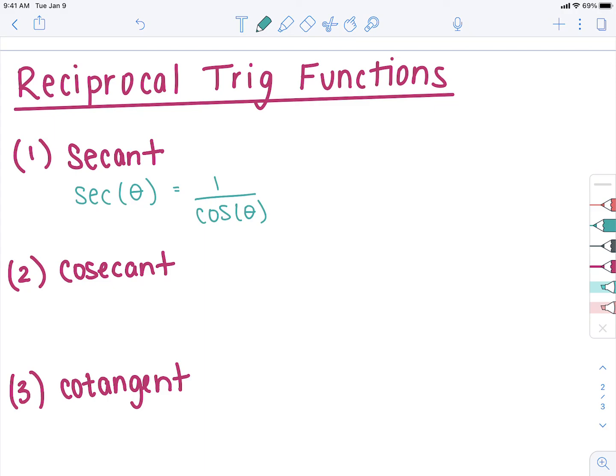Or if we're talking about it in terms of the sides of the triangle, instead of cosine, which is the CAH in SOHCAHTOA, the adjacent over the hypotenuse, this would be the hypotenuse over the adjacent.